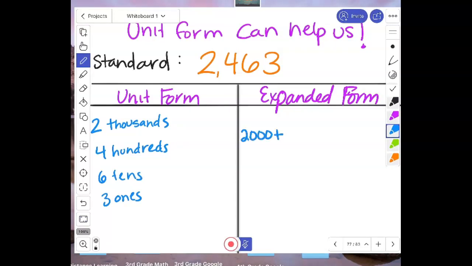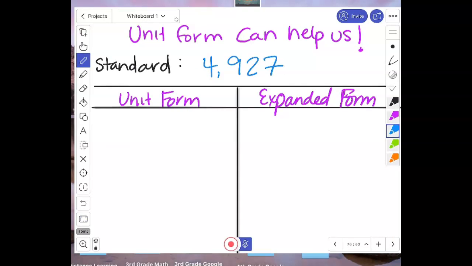And I add that to, what is 4 hundreds worth? It's worth 400. What's 6 tens? That's 60. And 3 ones is 3. So altogether that makes, I'm going to go down here to the next line so I have space, 2,463. So I took this number and I stretched it out. This is 2,000, this is 400, this is 60, and that's 3.